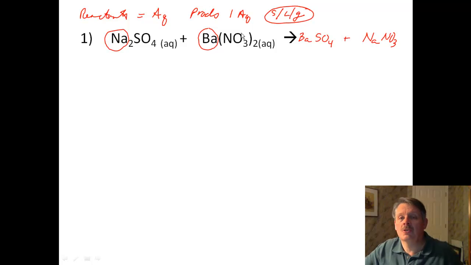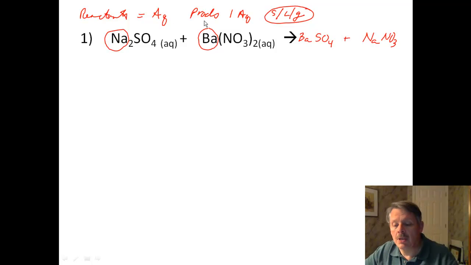You have to make sure that both reactants are aqueous, or the reaction doesn't happen. We're already told that sodium sulfate and barium nitrate are aqueous, so we don't even have to look them up. But we do have to look up barium sulfate and sodium nitrate.